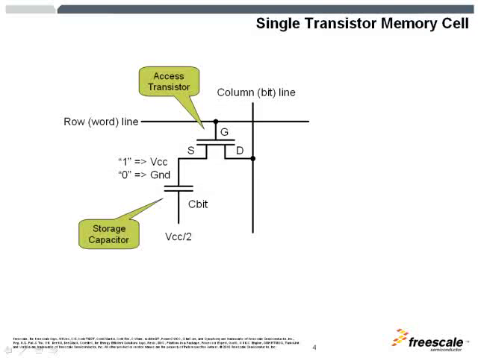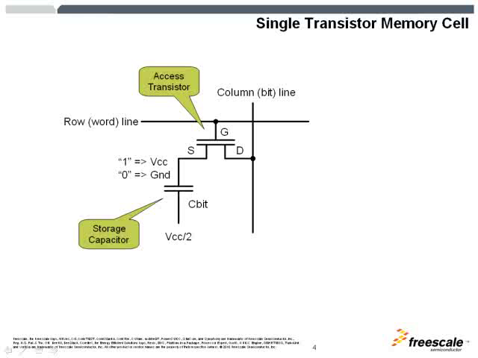The transistor that is used in here is an access transistor to allow the charge that is stored in the capacitor to flow to the other side, which is called the column line.